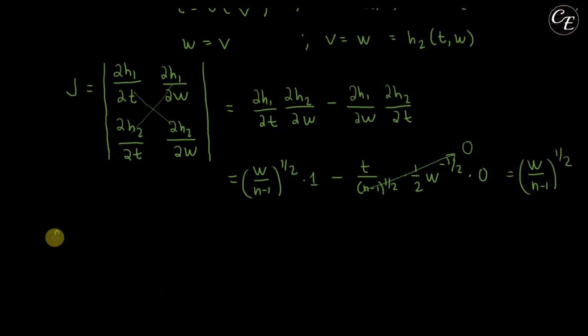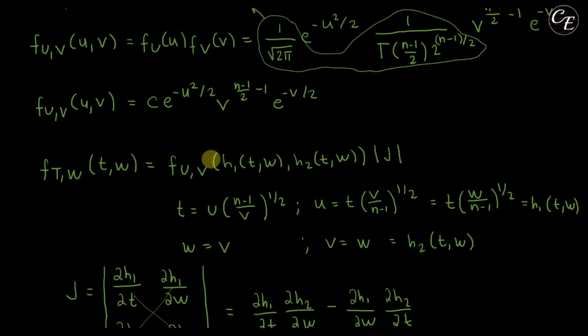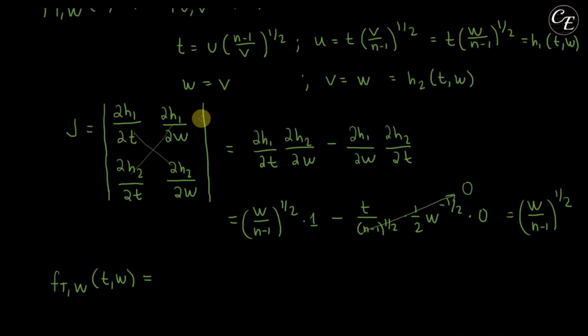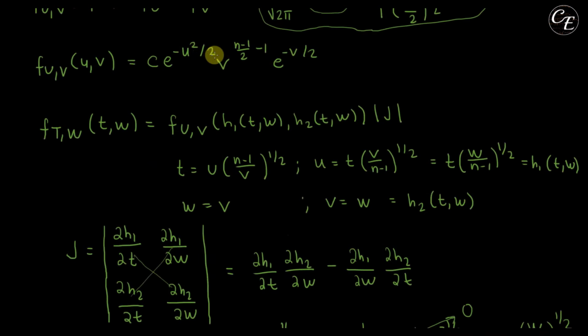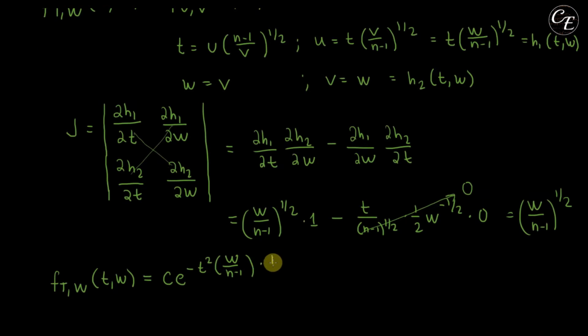Now for our joint PDF in terms of T and W, it is equal to this, but using these for u and v respectively. For this term, c times e raised to negative u squared over 2. For u squared, we have the square of this, which is t squared times w over n minus 1, over 2, so times 1/2.